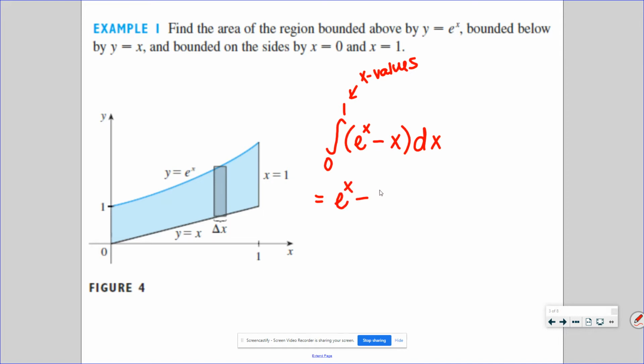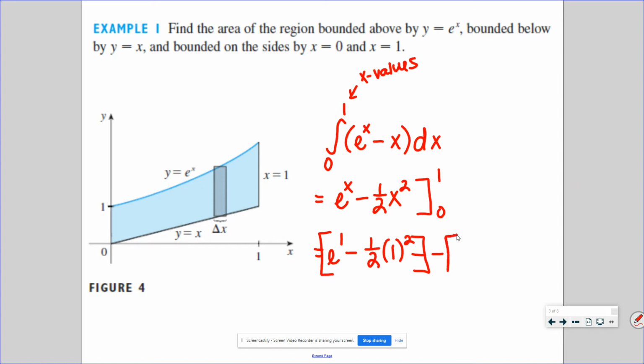The antiderivative of x would be 1/2 x squared. And we're plugging in x values of 0 and 1. So there's your 1 plugged into each equation minus 0 plugged in.